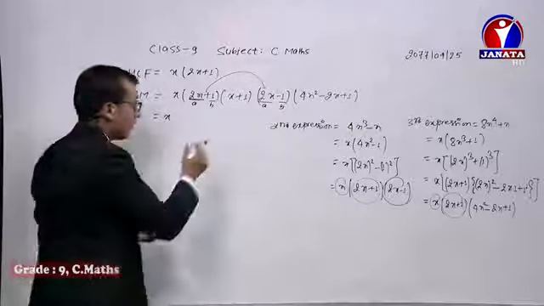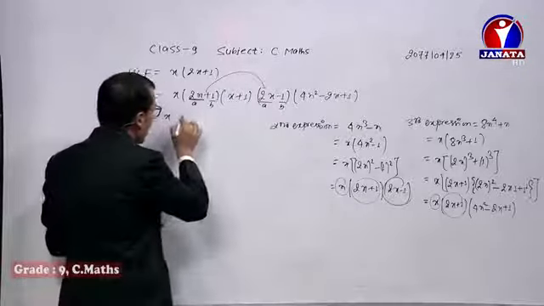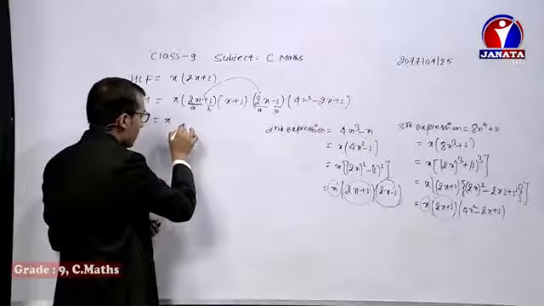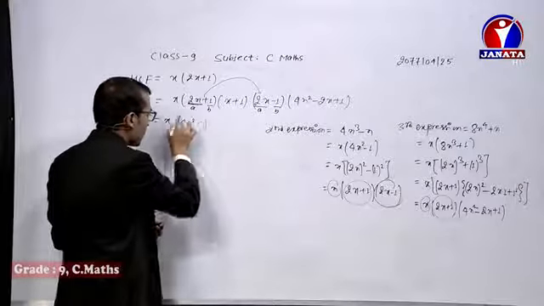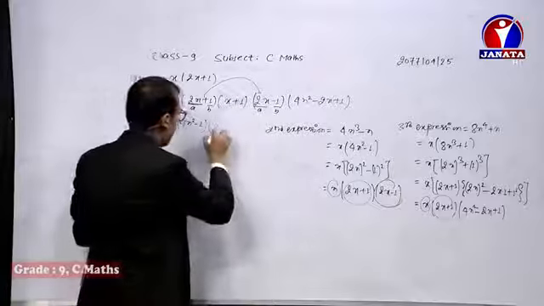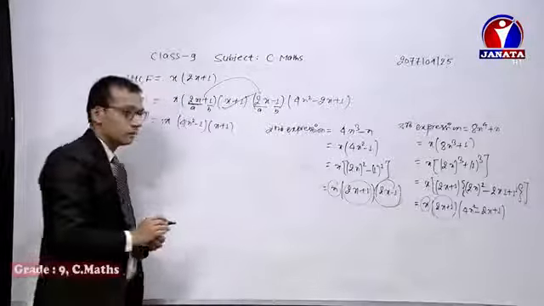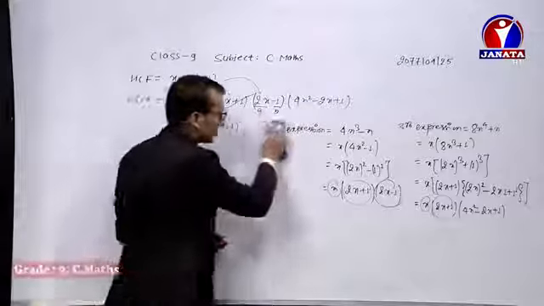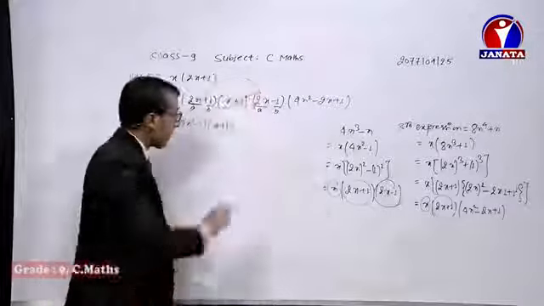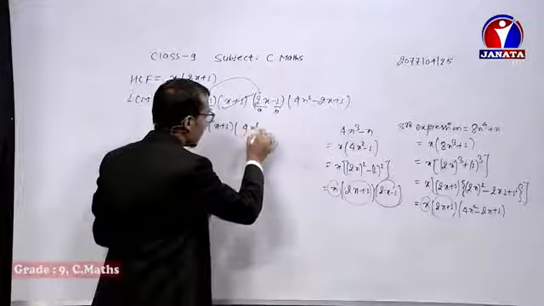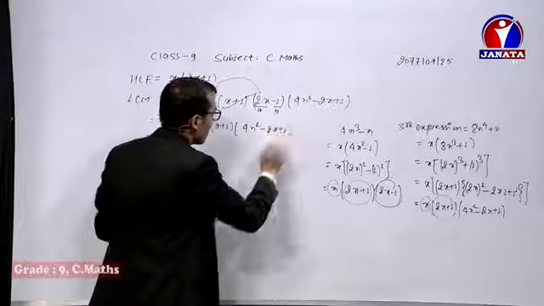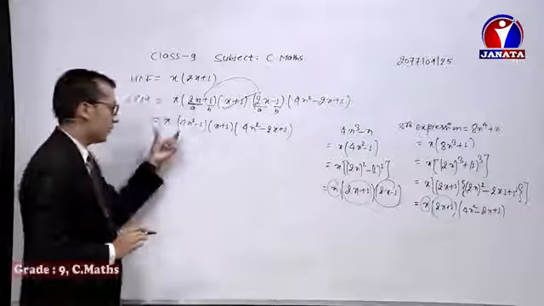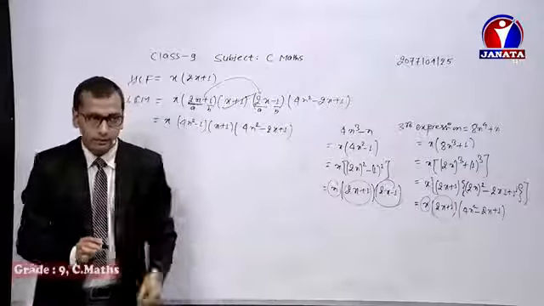So you can find the product a square minus b square. So 4x square minus 1 times x plus 1 times the last factor 4x square minus 2x plus 1. So this is the LCM.